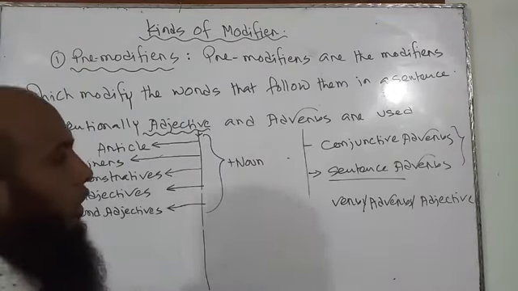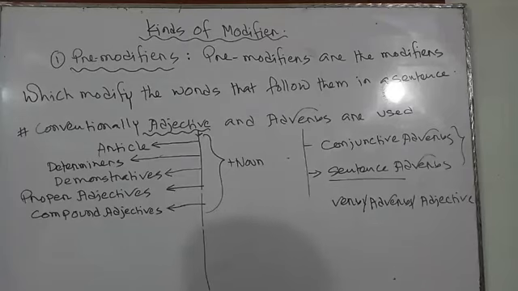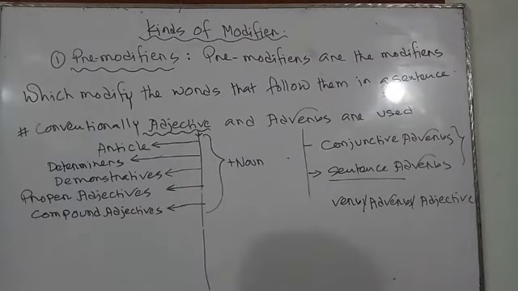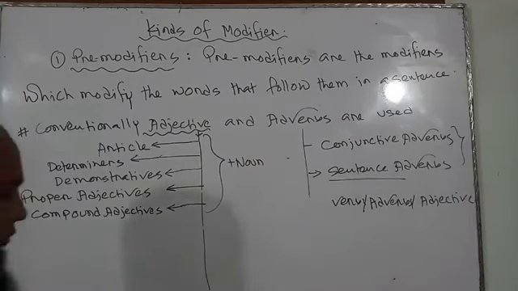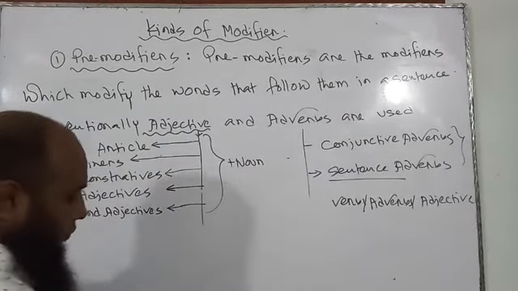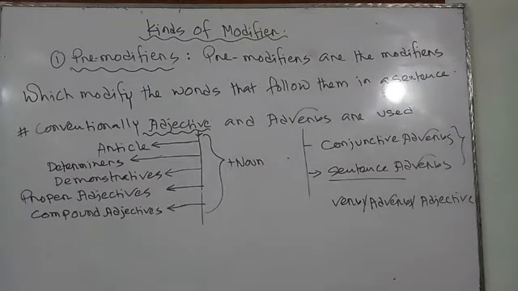But when we are going to pre-modify the verb, adverb, or adjectives, we usually use conjunctive adverbs and sentence adverbs. You may not have the idea about this. I will discuss later. Okay. Now write it, and I am giving you the examples.